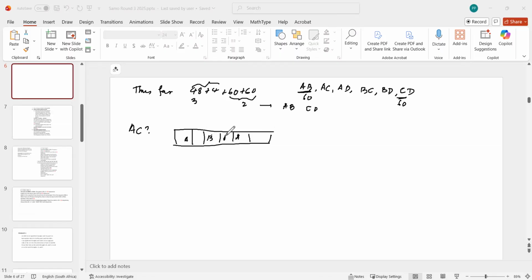Like for instance, if the B was here rather than there, then I'll have to put C, D, C like that. Can't put C, C here.